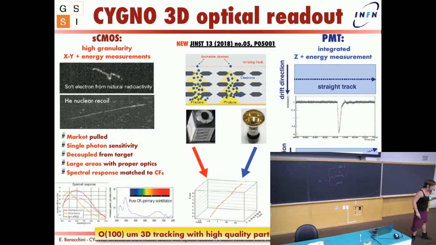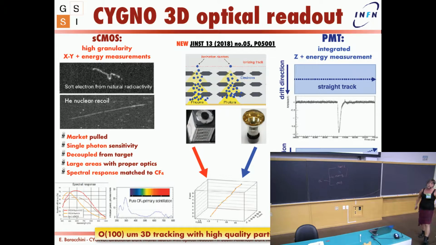So how do we achieve this three-dimensional optical readout? As I told you, we have the ionization. In the amplification of this ionization, which is charge, the electrons, photons are also produced together with it, and then we look at these photons. On one side with these cameras from the cell phone, and this is how a soft electron recoil looks in this kind of camera.